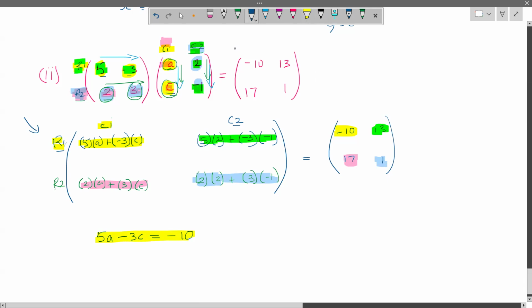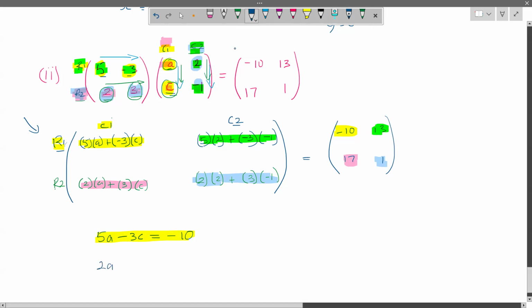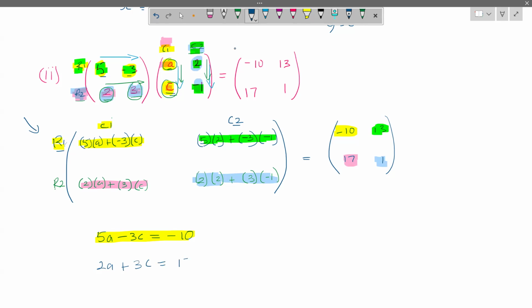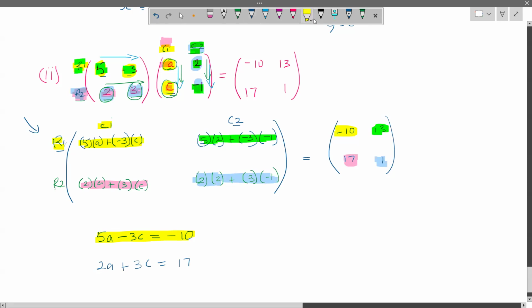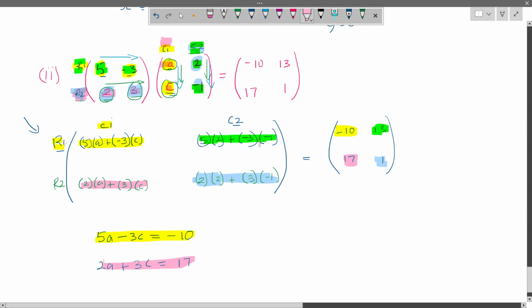Then underneath here, I'm going to have 2A plus 3C is equal to 17. I'm painting that pink. Yeah?